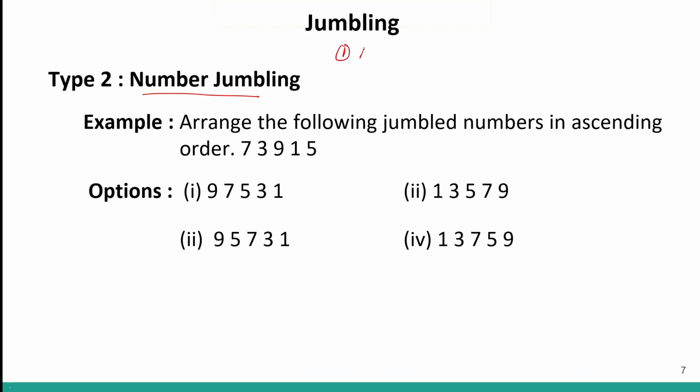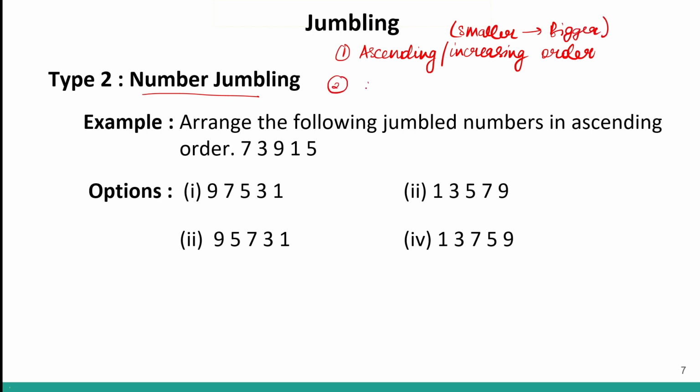The first concept is ascending, also known as increasing order. Increasing order means smaller number to bigger number. That is how we move, right?